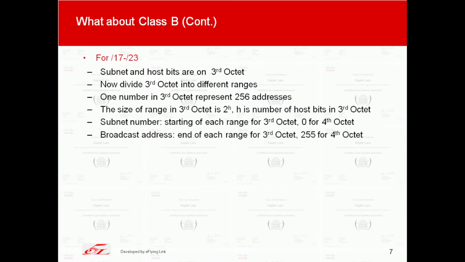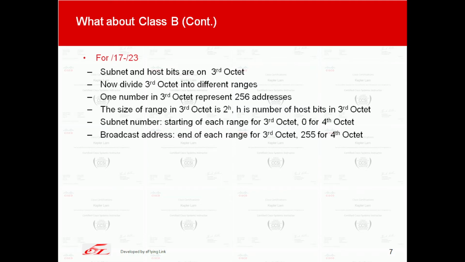Then what about the broadcast address? That is the last number of each subnet. For the third octet, it will be the last number of each range, while for the fourth octet, in this case, it is not 0. Instead, it is 255, as in binary they are all ones.